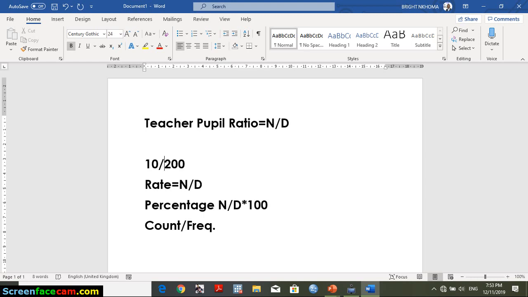How have you divided, sir? 1 to 20. Interesting. So what's the final figure when you divide? Sorry? 0.05, right? And what does that 0.05 mean?